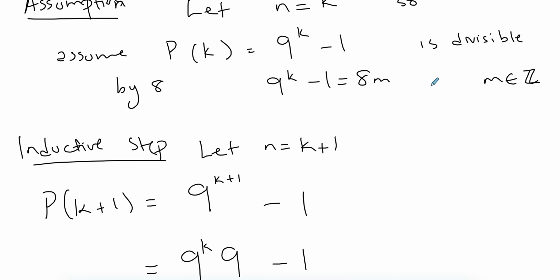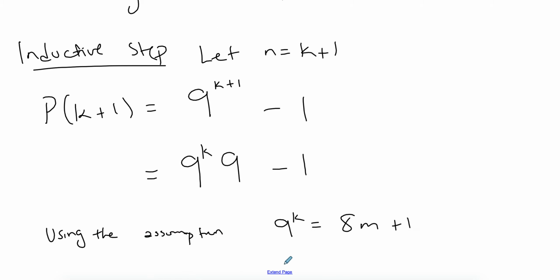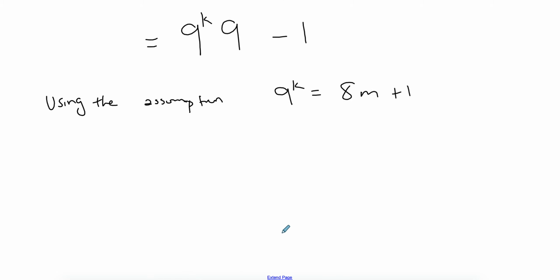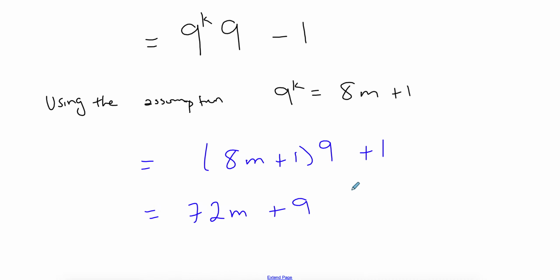So notice how if I rearrange this, I'm going to get 8m plus 1. So I am going to use my assumption, and that is what you want. As soon as you use your assumption, you're on the right track. So 9^k is just 8m plus 1, times 9, minus 1. So this is going to be 72m plus 9. Sorry, not plus 1, minus 1.